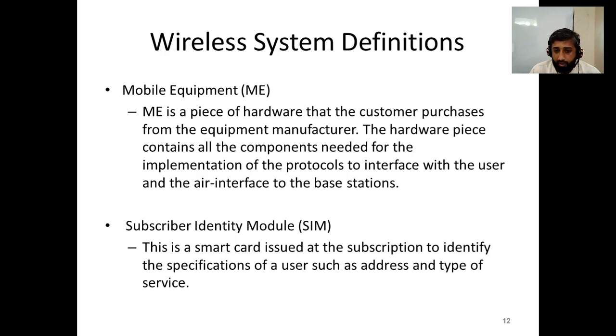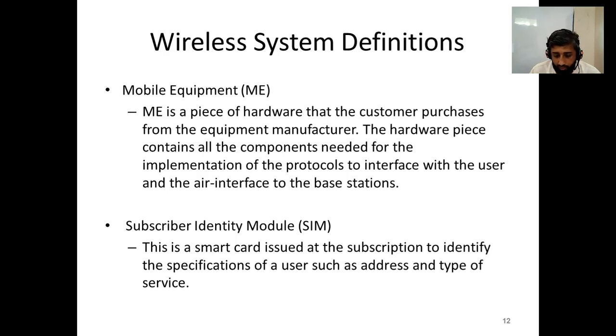It is a smart card, actually, which is issued by a mobile phone or wireless service provider. It contains the information regarding the services and the address of that mobile user.